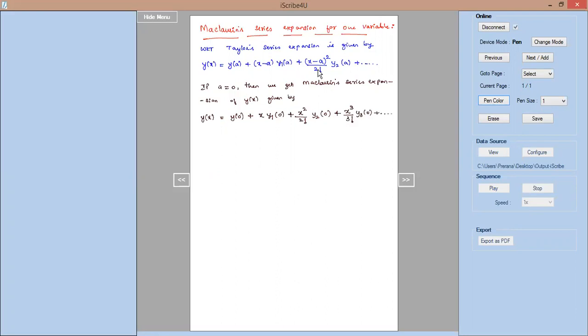The alternate notation for the Maclaurin series expansion formula can also be written in the form f of x is equal to f of 0 plus x into f dash of 0 plus x square by 2 factorial f double dash of 0, etc. So the notation is up to us. We represent the given function as y of x, then we find y of 0, y1 of 0, y2 of 0, etc., and we substitute all the constants into this formula to obtain the Maclaurin series expansion of the given y of x.